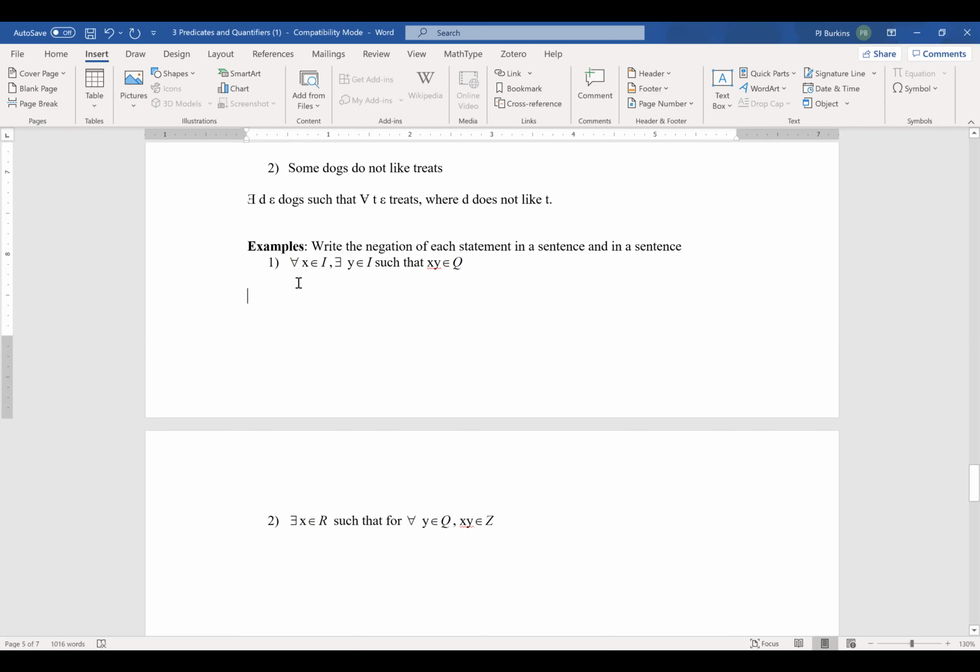So instead of for all, we would change to there exists an X that is an element of I. Now, I stands for irrational numbers.